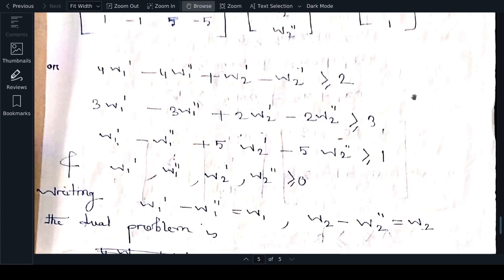Next, second constraint, 3w1 plus 2w2 greater than or equal to 3, then w3 plus 5w2 greater than or equal to 1. So here w1, w2 are both unrestricted in sign. In this way we convert from primal to dual.